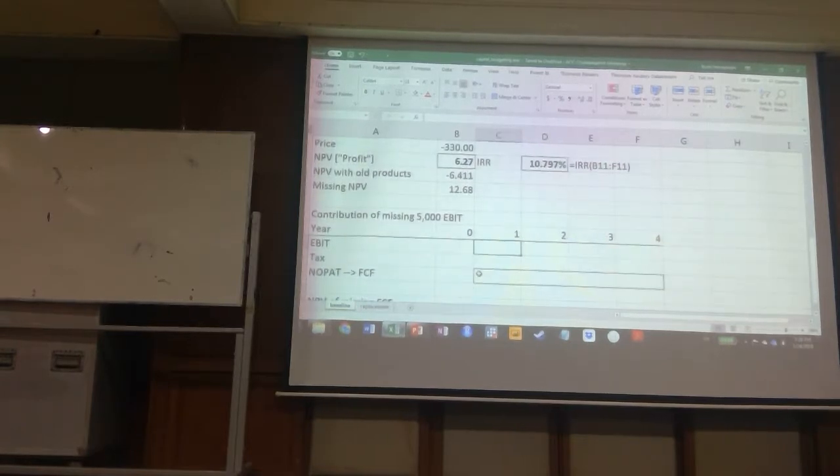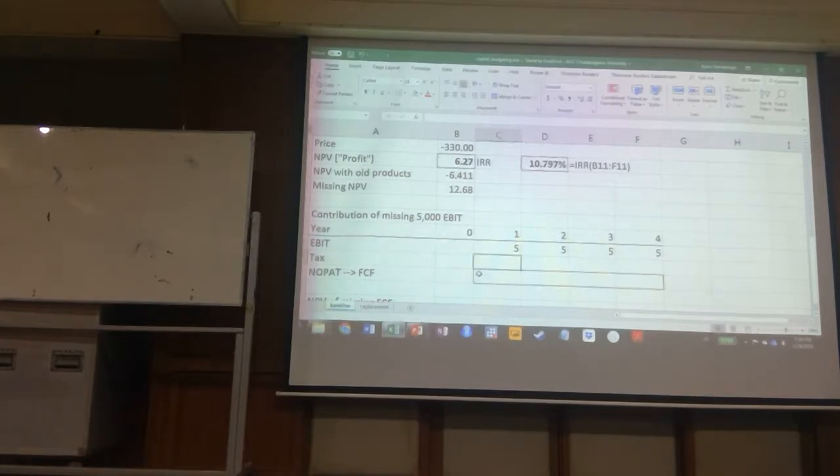Let's say I separate the incremental EBIT, the missing EBIT of 5,000 per year. I only look at the 5,000 per year. I leave the old numbers intact. Don't change anything. I want to ask, what's the contribution? If I make 5,000 more of EBIT per year, what's the contribution to my free cash flow?